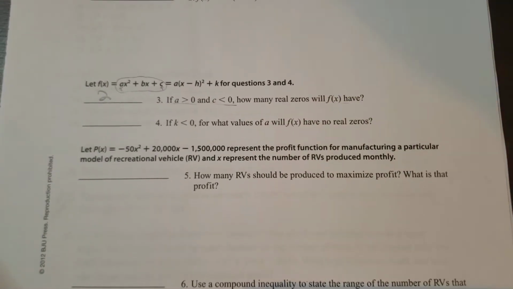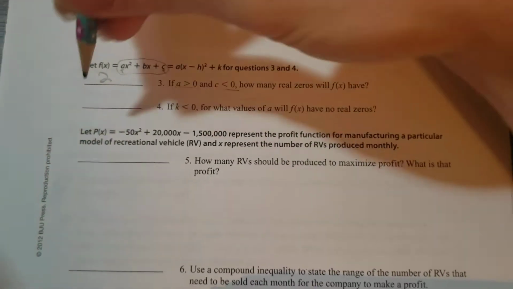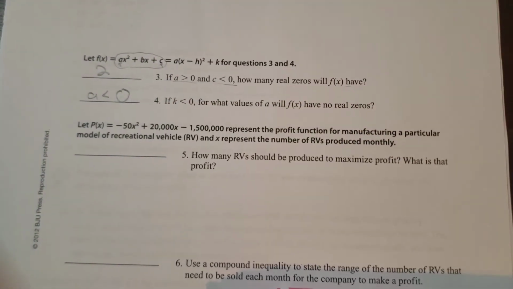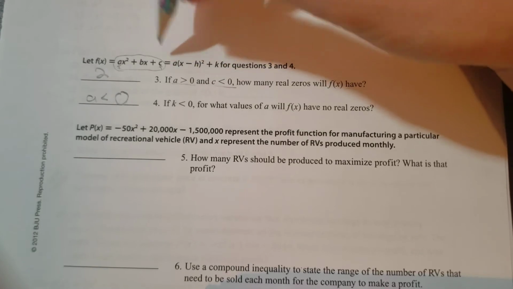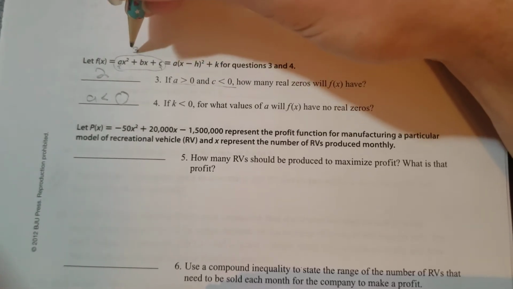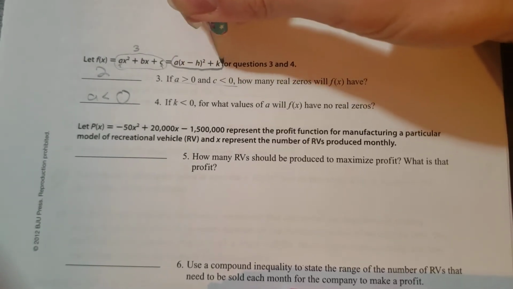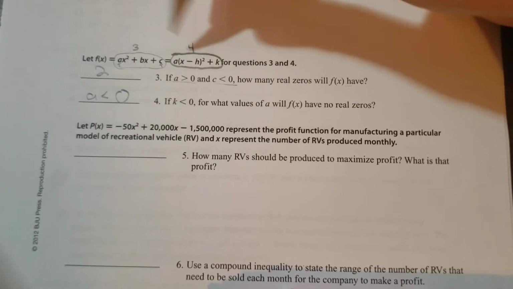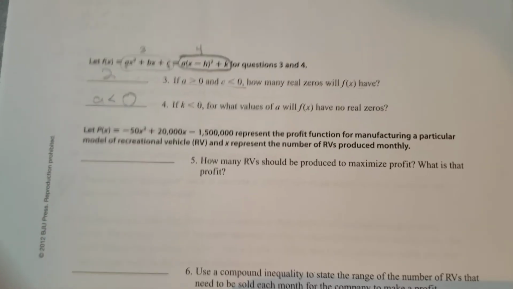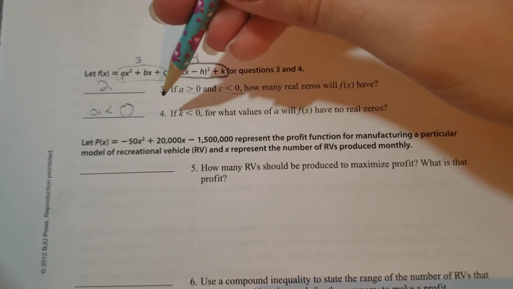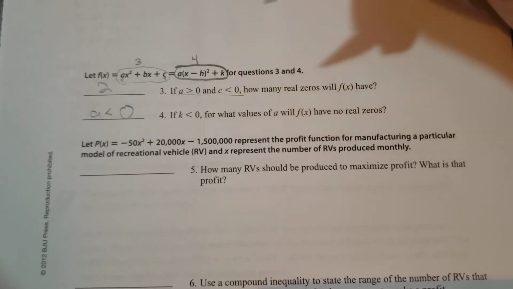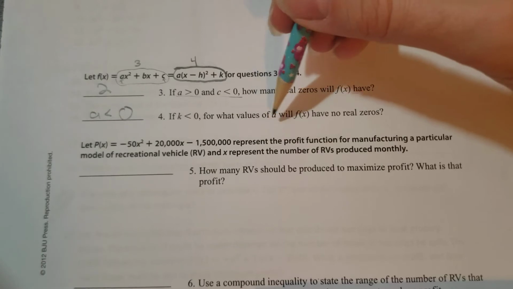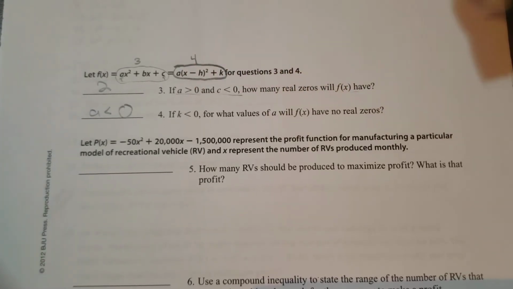Okay, now number 4 is crazy confusing. I'll just tell you that the answer is A is less than 0. So that means A is negative, right? So this was the number 3 where we were looking at that. Number 4, we're kind of looking at this guy, right? This is the graphing form. This is standard form. If K is negative, for what values of A will leave us with no real zeros?